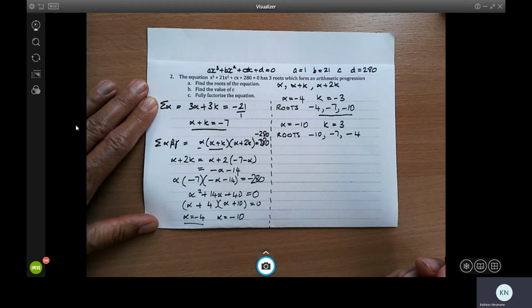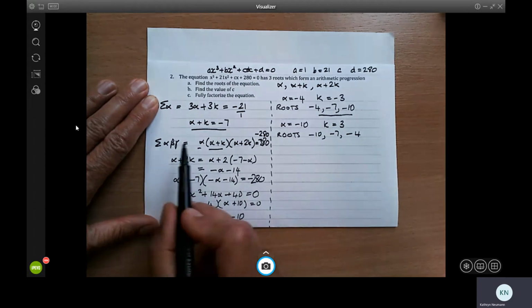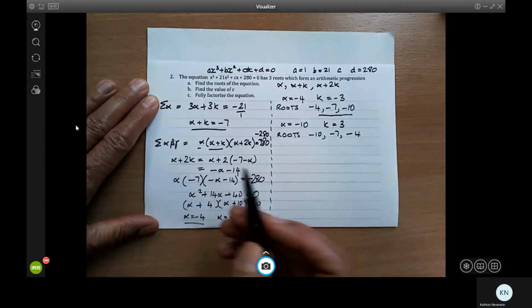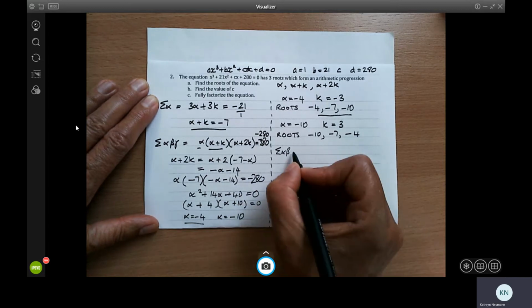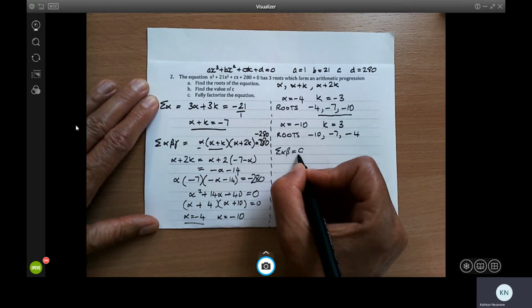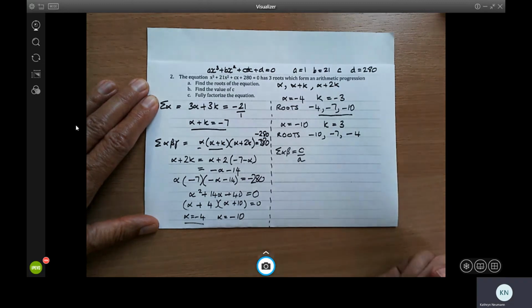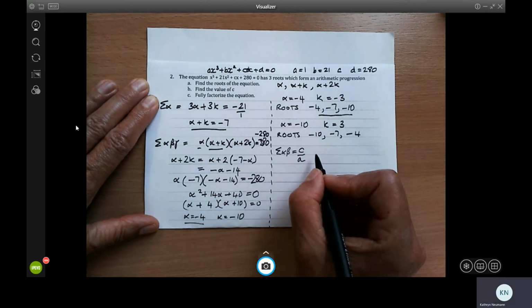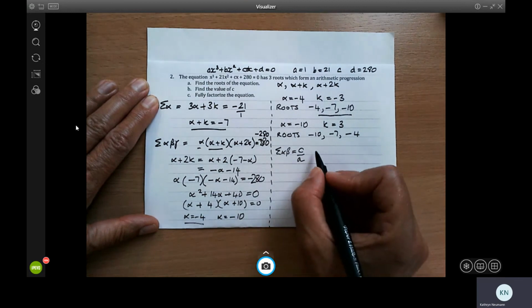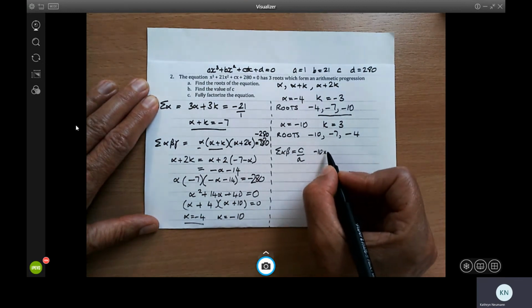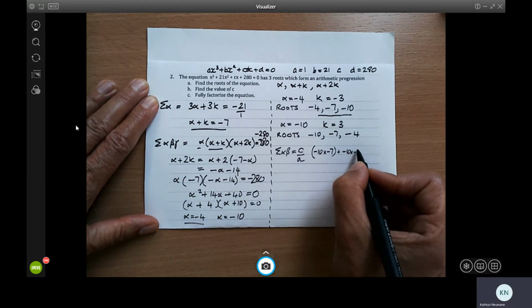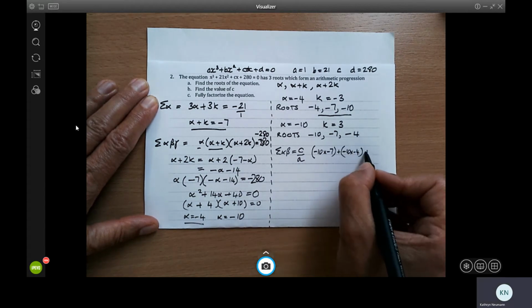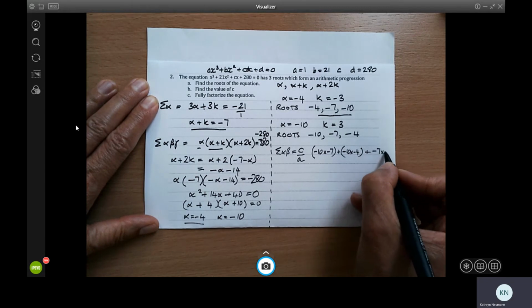Find the value of c. Well, we're going to find the value of c by using the sum of the roots in pairs. So the sum of the alpha betas, taking each root in pairs, will be equal to c over a. So filling in what we know, taking the roots in pairs, we've got minus 10 times minus 7 plus minus 10 times minus 4 plus minus 7 times minus 4.